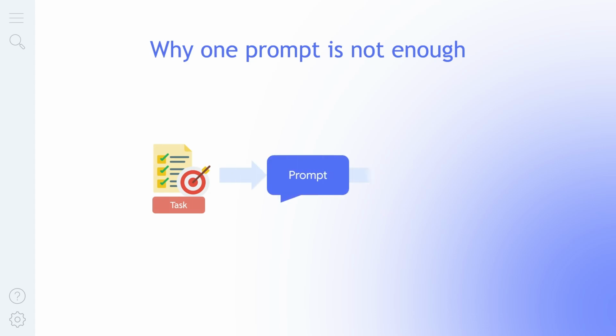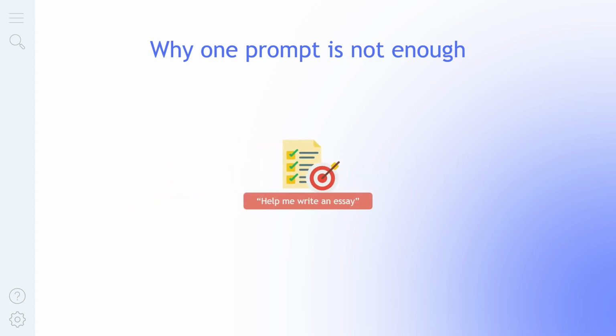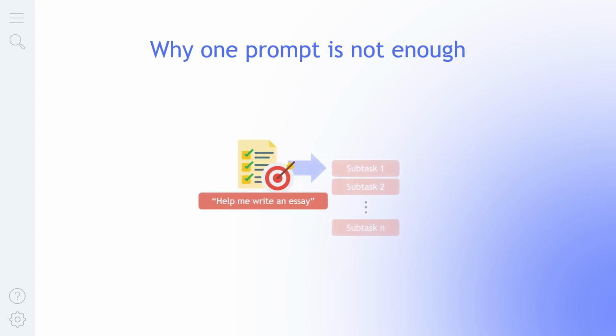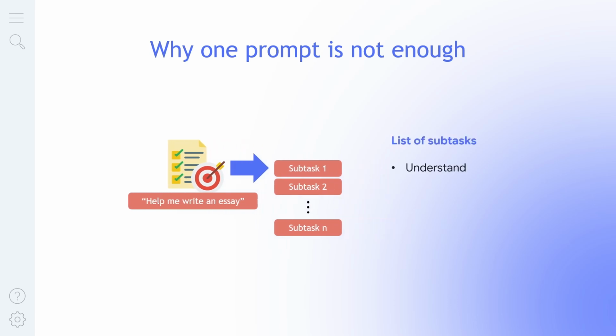Why isn't one good prompt enough? Because most real tasks are not single steps. "Help me write an essay" sounds like one task, but it actually contains many: understanding the question, brainstorming arguments, choosing a thesis, finding evidence, building an outline, drafting, checking the logic, improving clarity, and verifying citations.